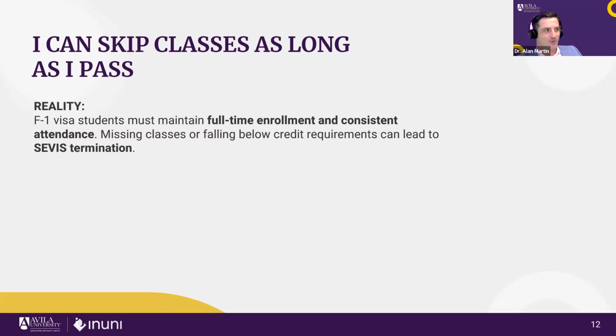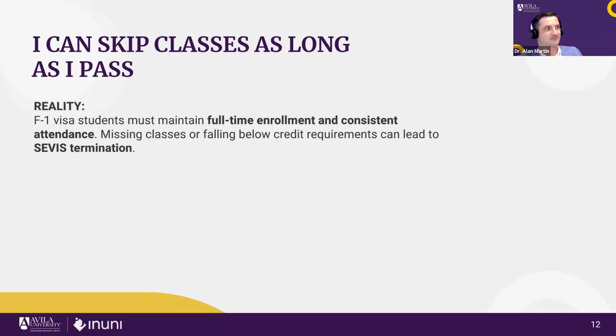It becomes less about whether or not you can pass the class by completing the assignments and more about the requirements from the government about attendance in person. I'm sure you've heard a lot about students talking about studying online and in seat.